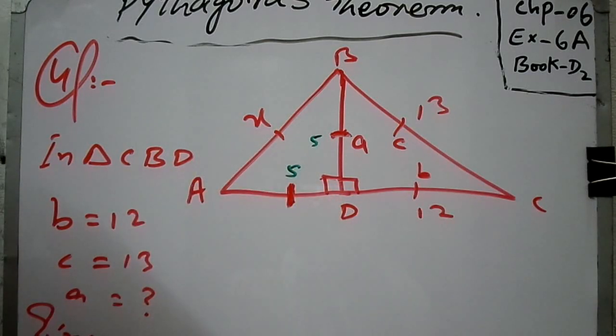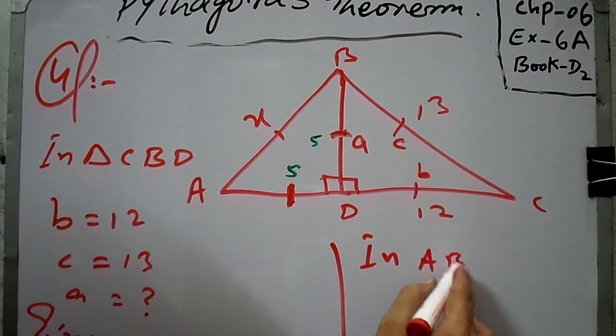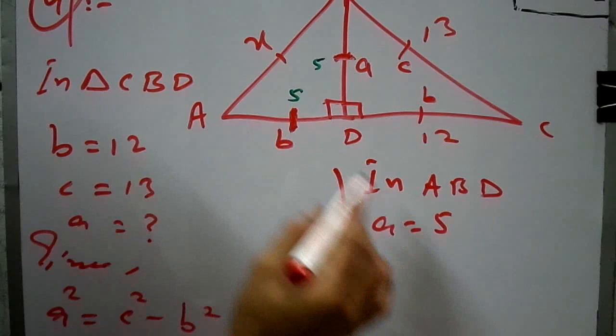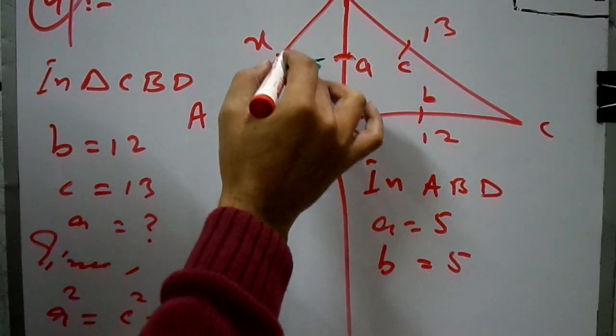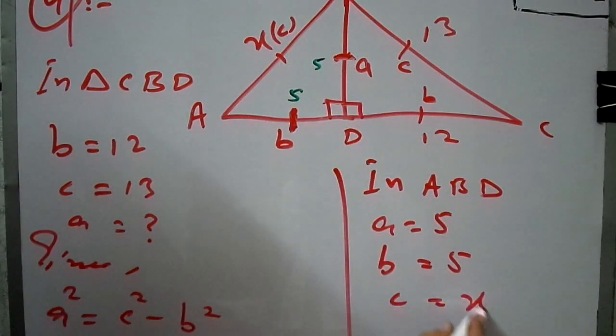Now you can take the triangle A, B, D. In this triangle the value of A is 5, the base is B, the value of B is 5, and the value of C is unknown, that is x.